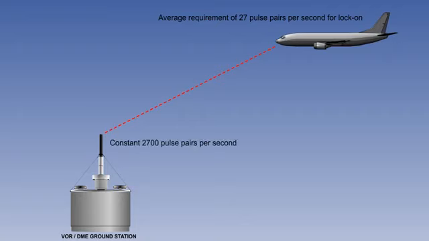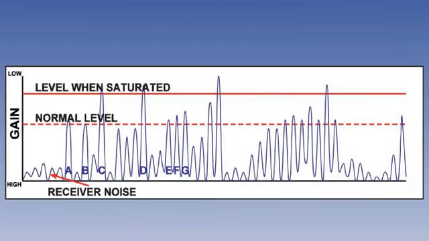The output of a modern ground station is a constant 2,700 pulse pairs per second. When a ground station is receiving 2,700 pulse pairs per second, which equates to 100 aircraft at 27 pulse pairs per second, it becomes saturated, and then it reduces its gain.